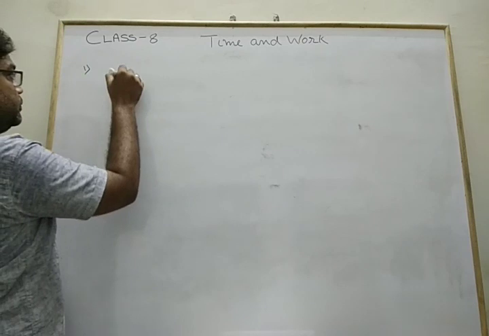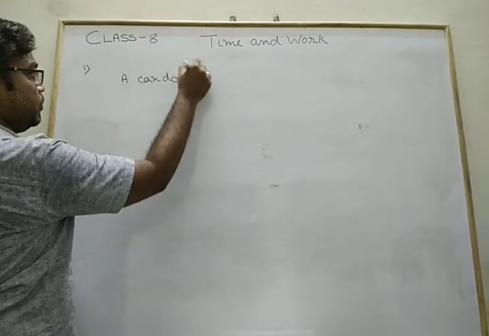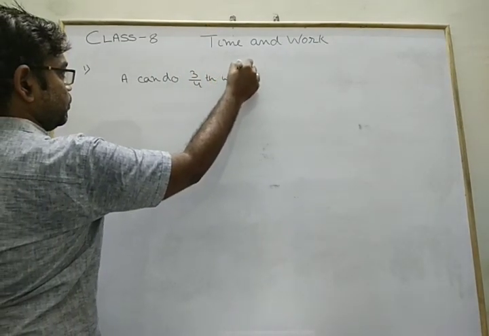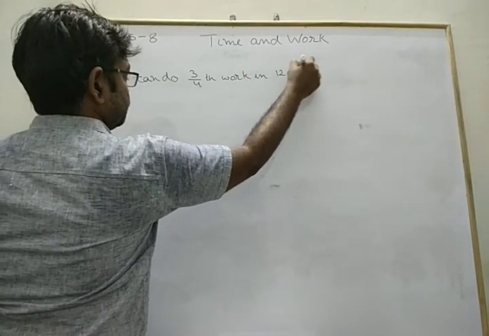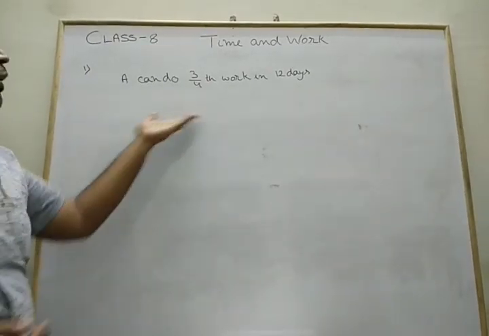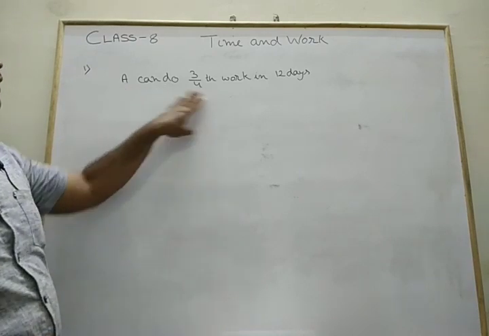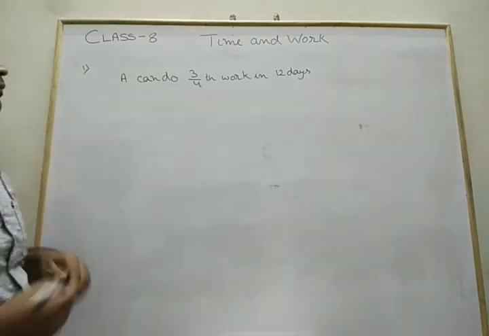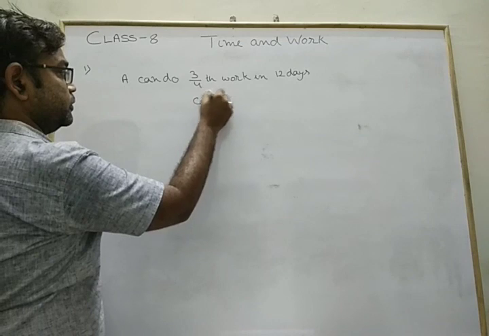The first question is totally different from the concept discussed. Let's start. A can do 3/4 work in 12 days. So in how many days can A do the complete work? Complete means 1.